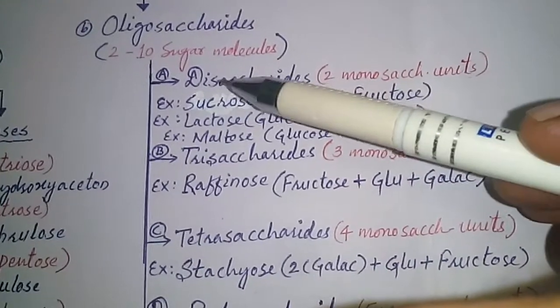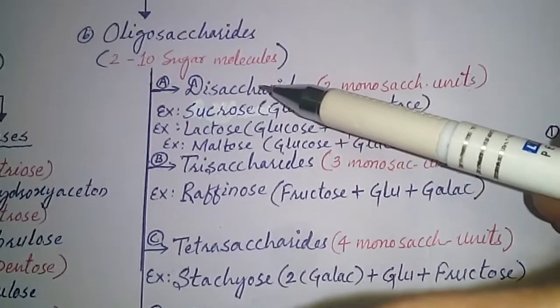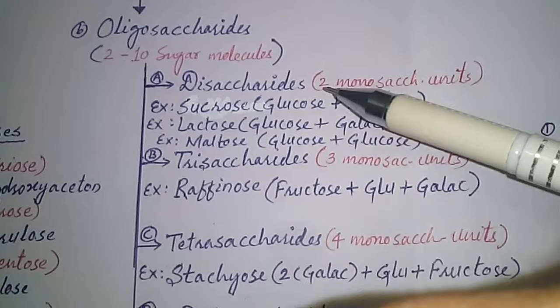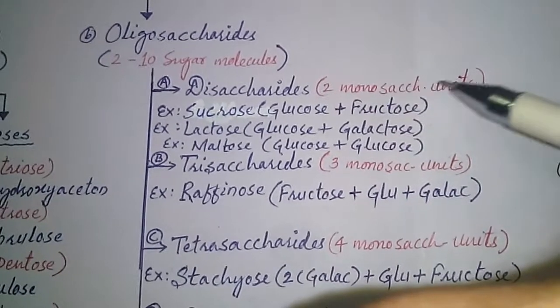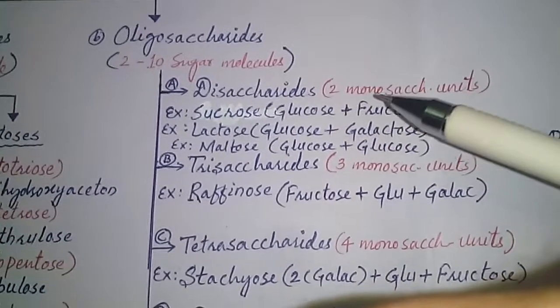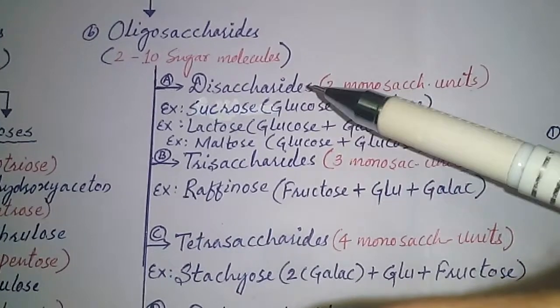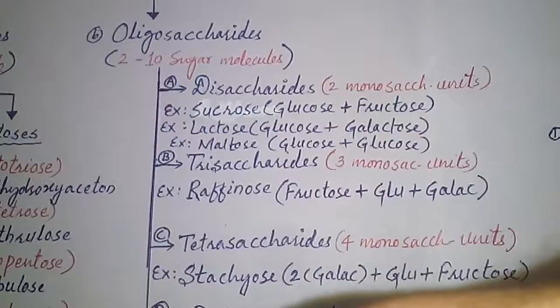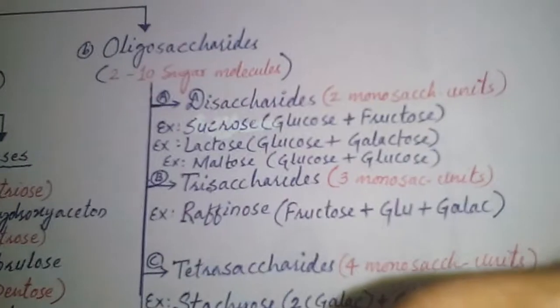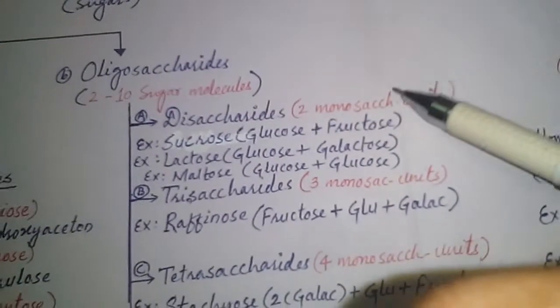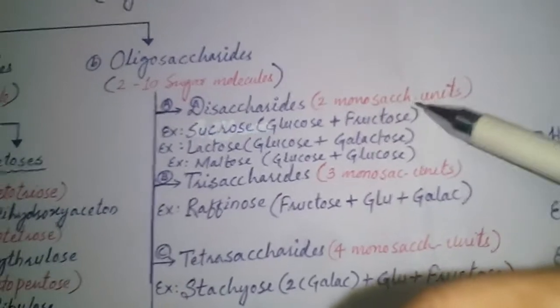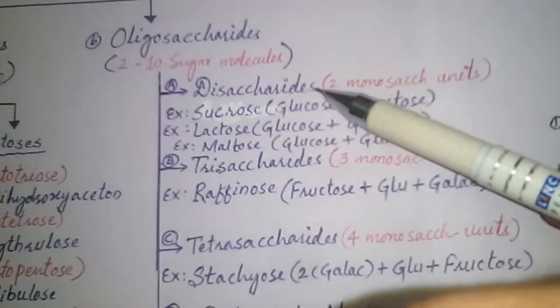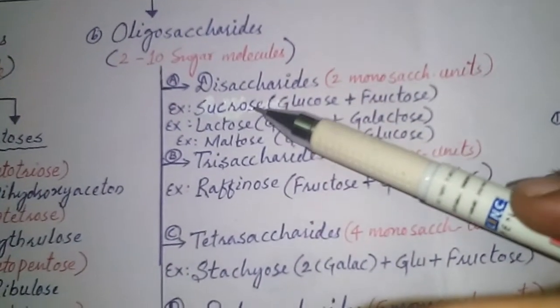These monosaccharide units in disaccharides are joined by the glycosidic bond.